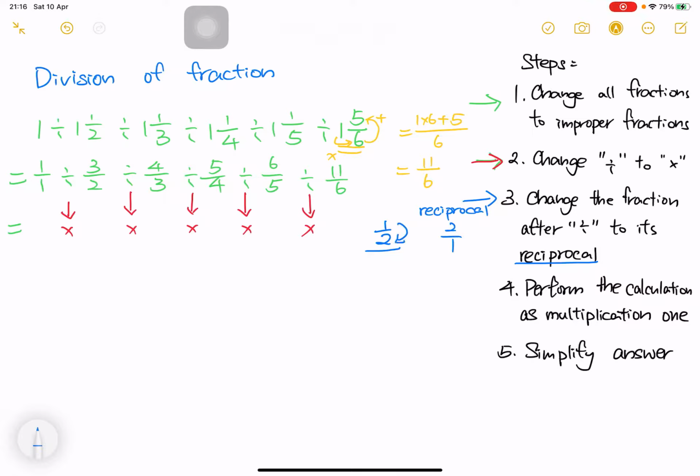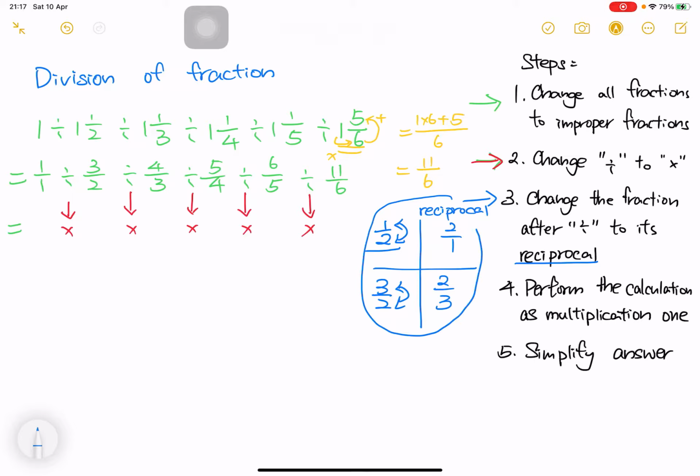You have to change the numerator and the denominator. Like if the number is 3 over 2, the reciprocal of it is 2 over 3, you have to change the place of the numerator and the denominator. That is the meaning of the reciprocal.